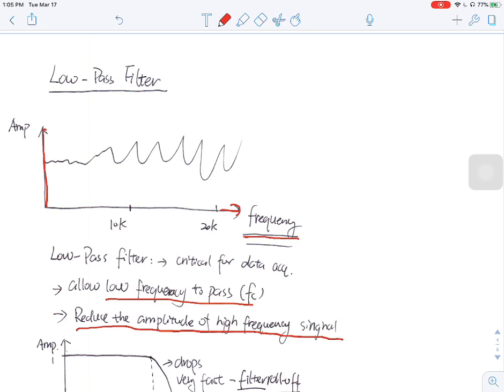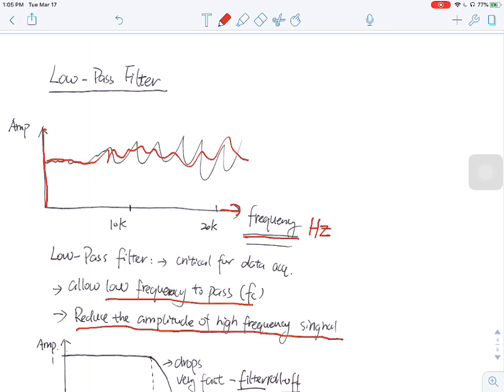So you can have a signal that has a wide range of frequency, all the way from low to high, all the way to 20k hertz. Let's add the units here. However, especially in data conversion, we don't really need the high frequency signal.